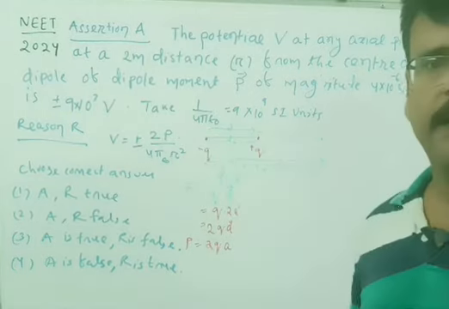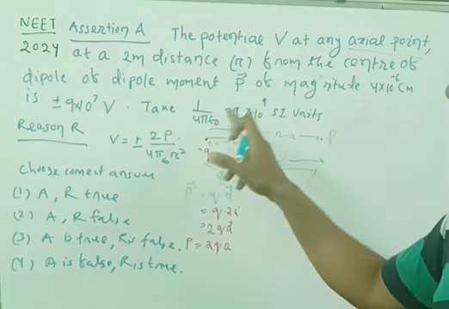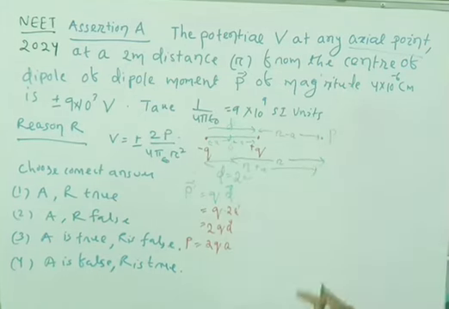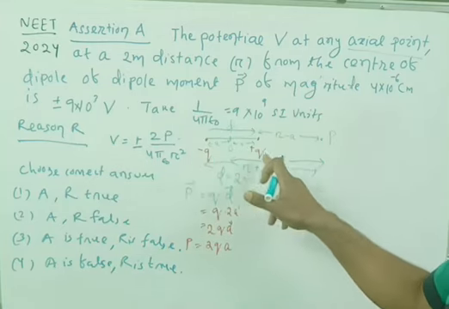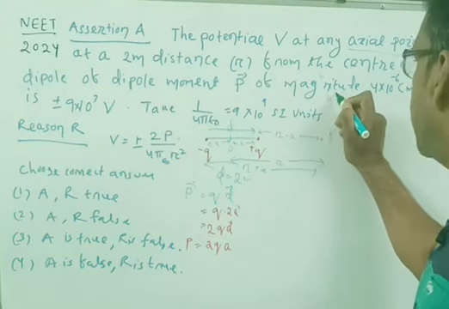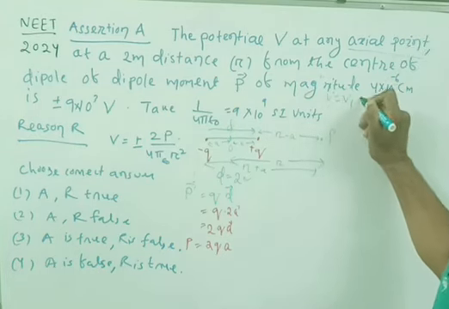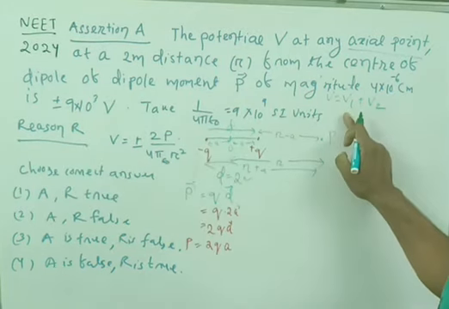Okay, student? And what will be the potential at point P? That will be due to the negative charge and due to the positive charge. Suppose due to the negative charge, let it be V1 and due to the positive charge V2. So at point P, the potential we may write V is equal to V1 plus V2. Okay, student? And what is then V1?